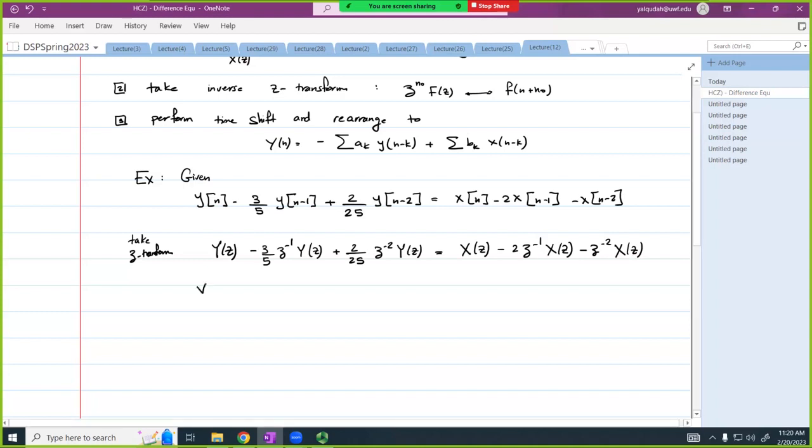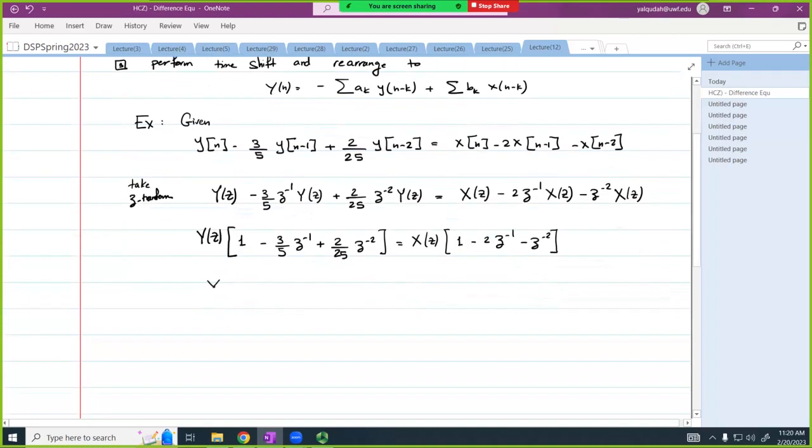I'm going to factor out y of z. So I'm going to take y of z as a common factor out. I'm going to get 1 minus 3 over 5 z to the negative 1 plus 2 over 25 z to the negative 2, and this is equal to x of z multiplied by 1 minus 2 z to the negative 1 minus z to the negative 2.